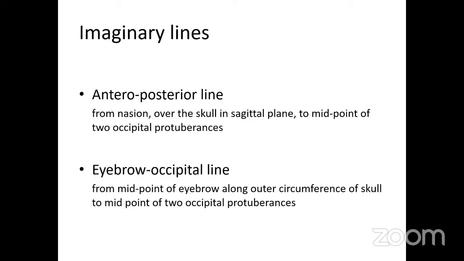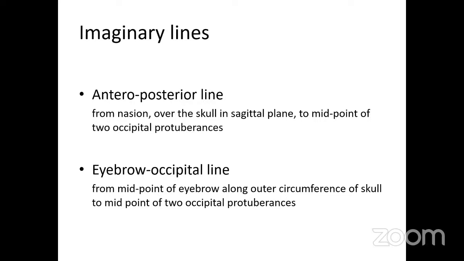It begins right in front, in the sagittal plane, right between the eyebrows at the nasion level. It goes posteriorly, right over the midline, over your scalp, over the head, and ends just at the intersection of the line joining the two occipital bulges. That is the AP line.